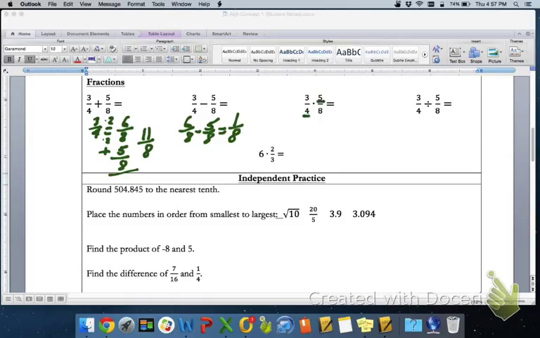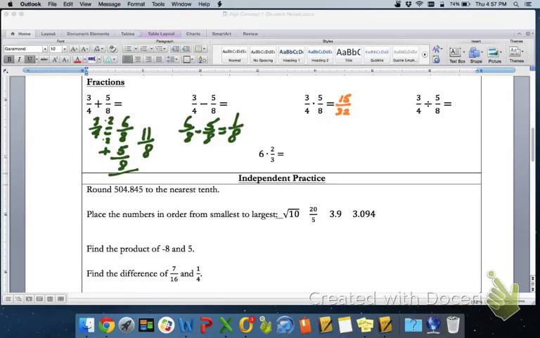And we want to look, is there any factor that divides out of 4 and 5? In this case, there's nothing. So we look at 3 and 8. Is there any factor that we can divide out of 3 and 8? Being none, all we do now is multiply across. And so our final answer for this one turns out to be 15 over 32.